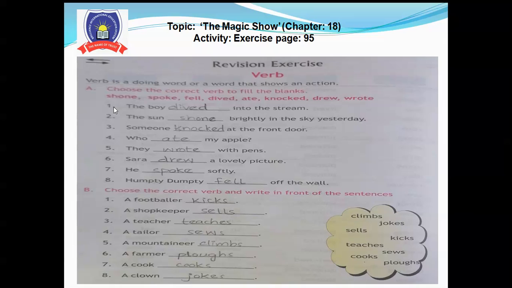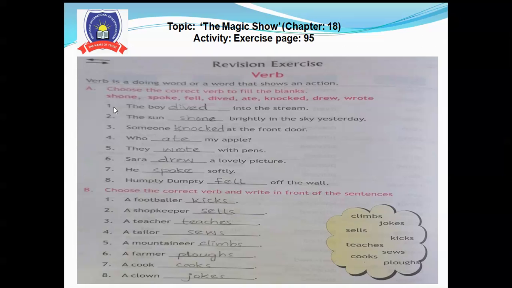That's good. Okay. A footballer kicks. A shopkeeper sells. A teacher teaches. A tailor sews.